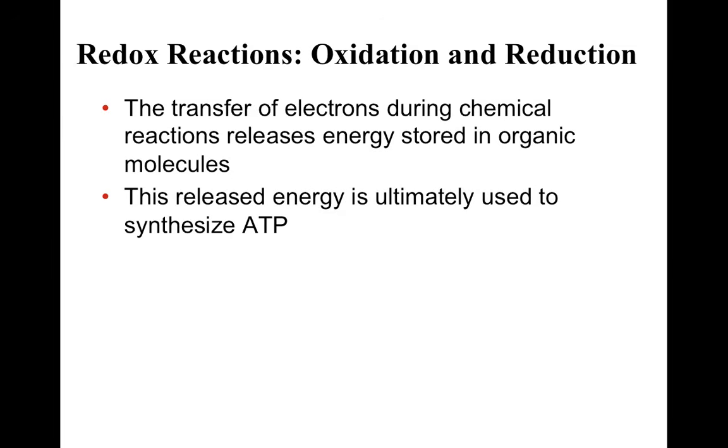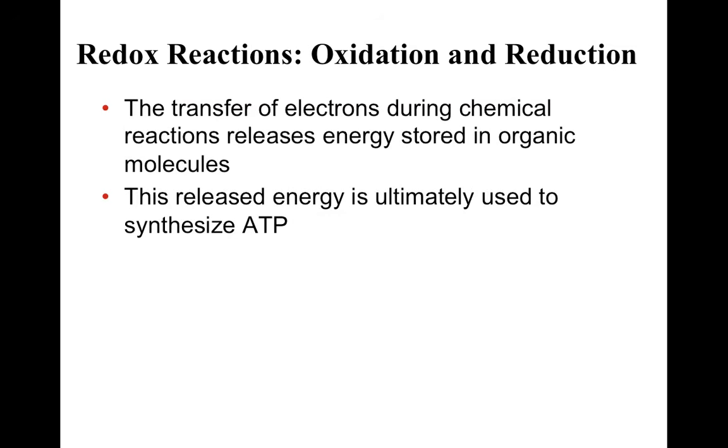So what's happening is that electrons are being transferred from one molecule, our organic fuel, our glucose and other carbohydrates, to other molecules. So this electron transfer is where we are harvesting the energy. And we use those electrons ultimately to produce ATP.